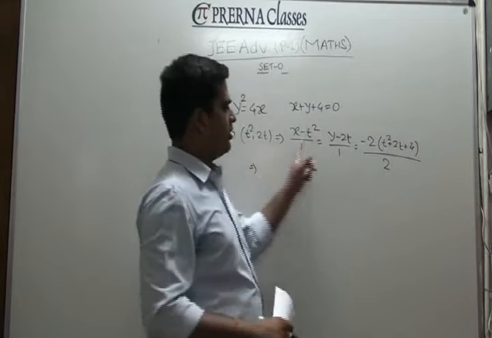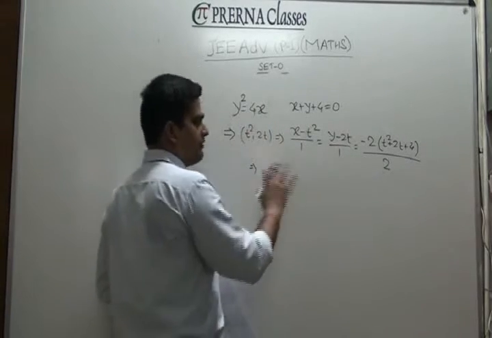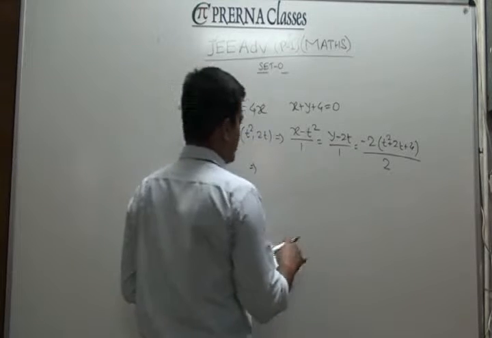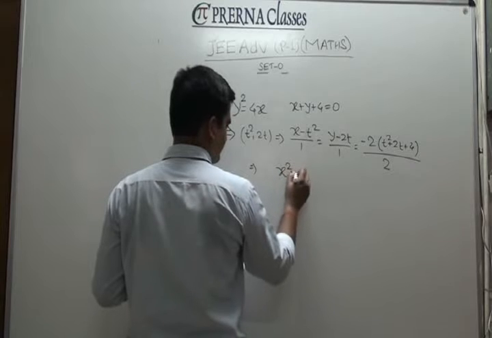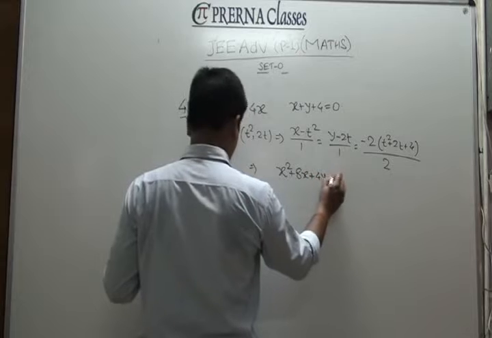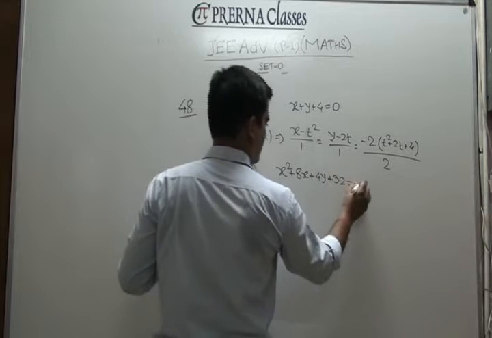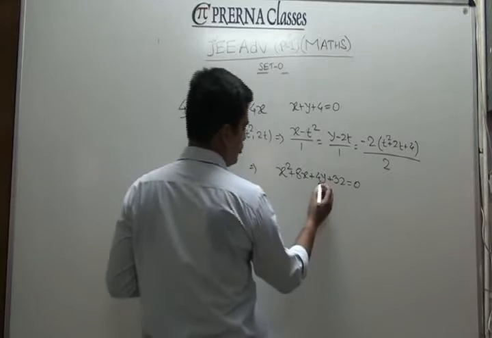By this you can clearly check, you will end up getting the value of x and y as a function of t. After eliminating t from that pair of equations, you will end up getting the ultimate locus, which you will get as this, and then you have to find out its solution with y equal to -5.